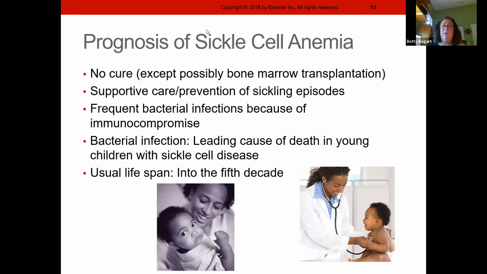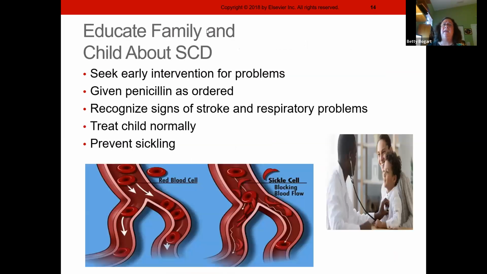We know that bacterial infections in this immunosuppressed child are the leading cause of death with sickle cell, because they don't get to the physician quick enough, and then the infection just overwhelms their bodies and they can't fight it.